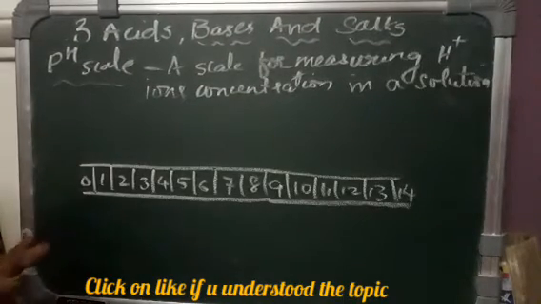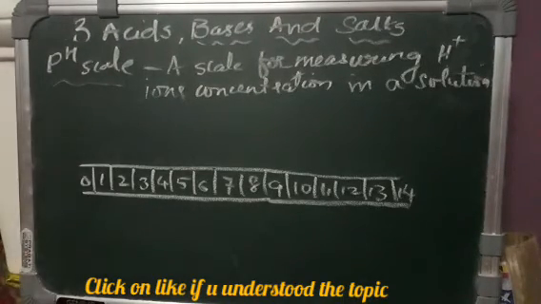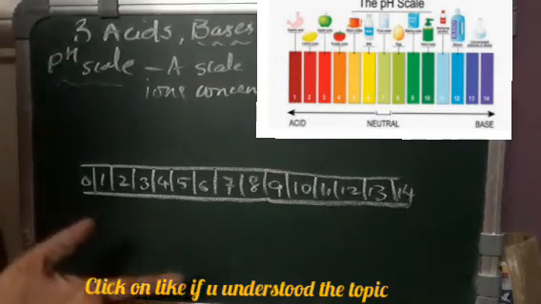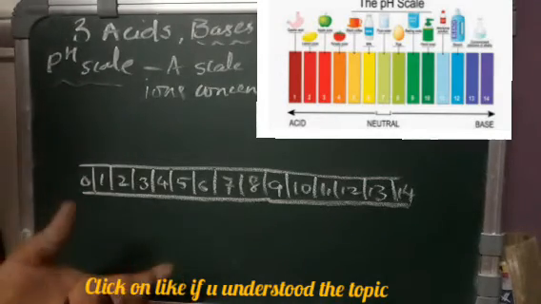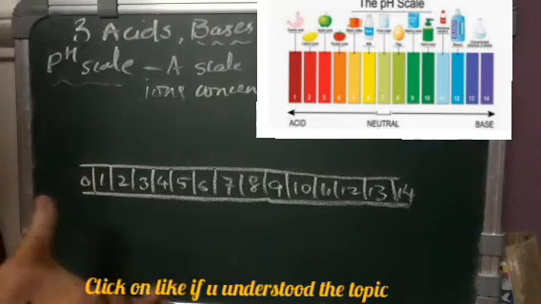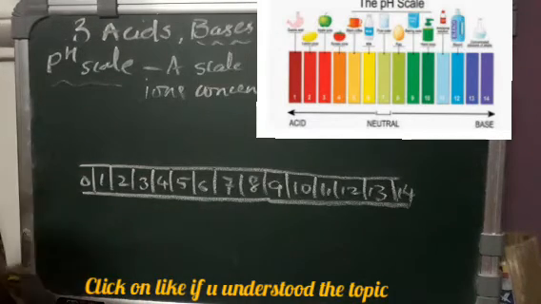Suppose this is your pH scale. The more the number of H3O plus ions formed, the more acidic the acid will be, or the stronger the base.